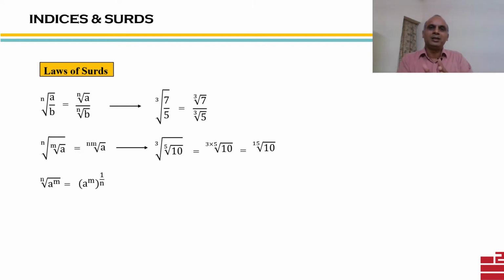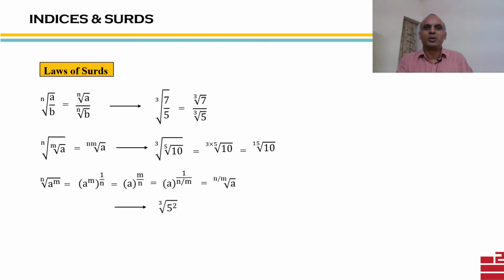And now applying the laws of exponents or indices, we can say it becomes a to the power m by n. M multiplies with 1 by n. And this I further manipulate as a to the power 1 upon n by m. So we get n by mth root of a. It means the rule is nth root of a to the power m is equal to n by mth root of a.